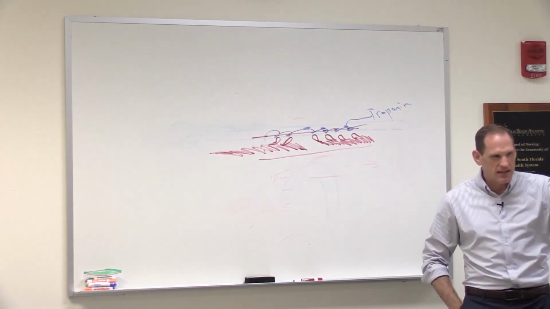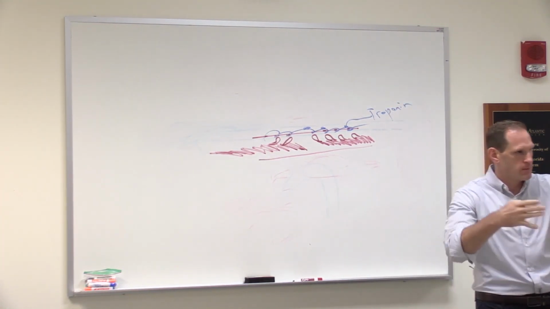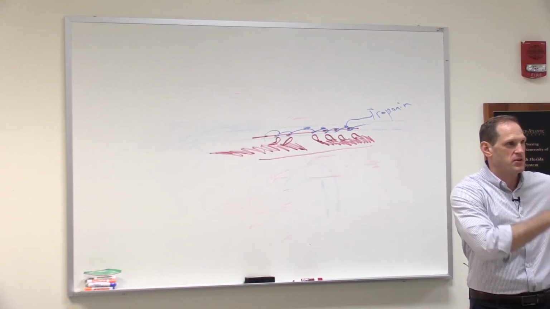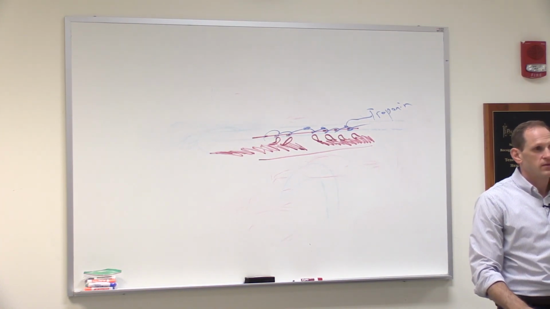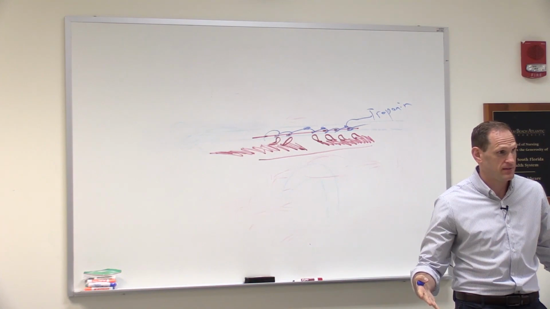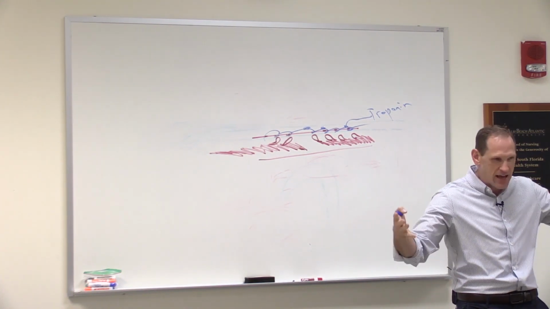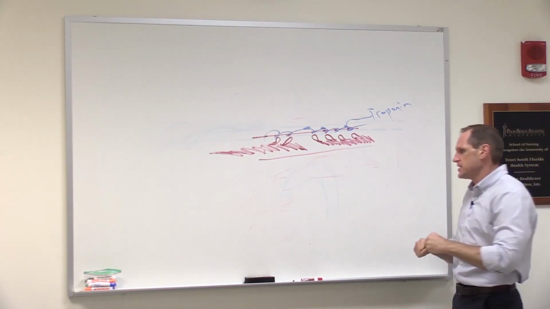So you can think of troponin as a lock and the tropomyosin as a door. We need to open the door. How do we do that? We have to unlock it. What's the lock? Troponin. So now, what's the key? Calcium. So calcium is the key.